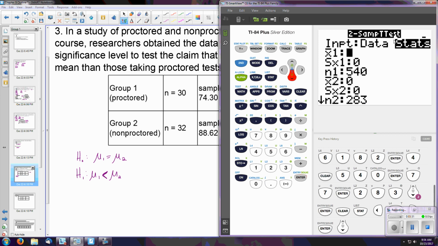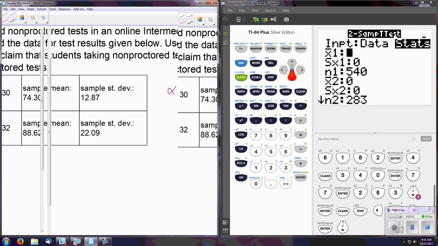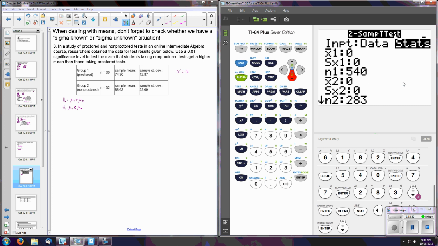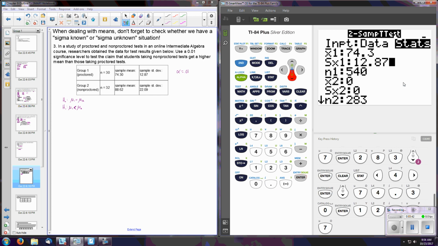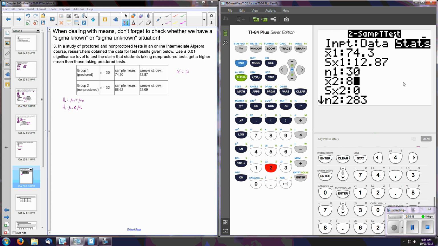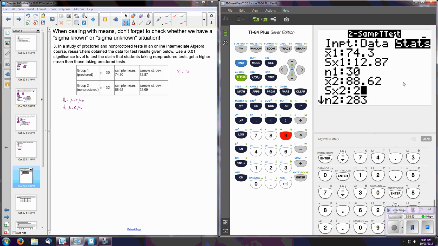X bar 1 is our sample mean of the first group, which is 74.30. Our sample standard deviation is 12.87, and our sample size is 30. The second group has a mean of 88.62 with a standard deviation of 22.09 and a sample size of 32.